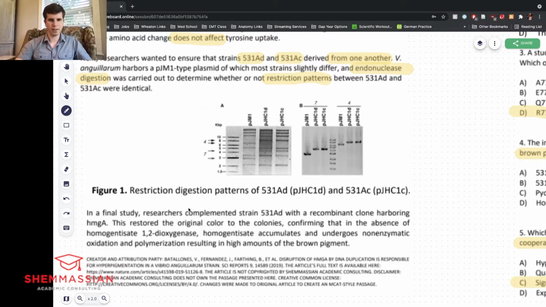Okay, now let's read this last paragraph here. In a final study, researchers complemented strain 531 with recombinant clone harboring HMGA.